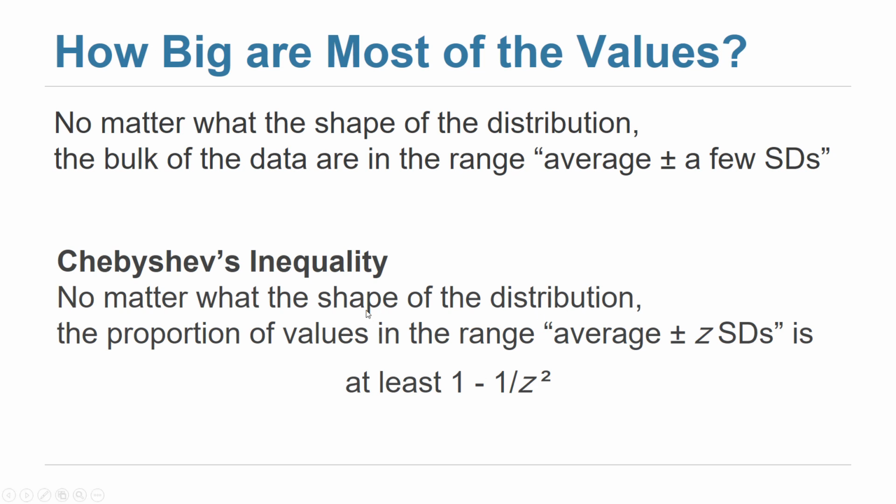No matter what the shape of the distribution, the proportion of values in the range average plus or minus z standard deviations is at least 1 minus 1 over z squared. That's the formal statement of Chebyshev's inequality. Let's see what exactly it means.